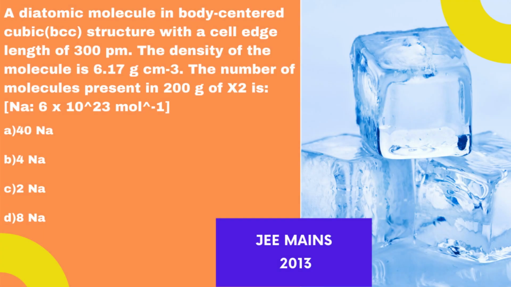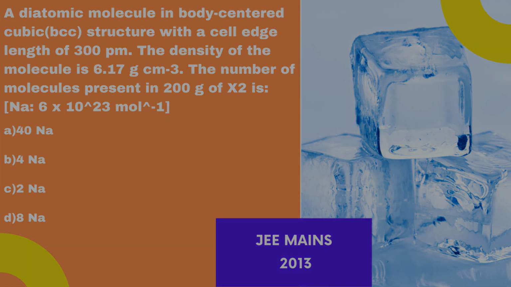So question number 5 is, a diatomic molecule X2 has a body-centered cubic structure with a cell edge length of 300 picometer. The density of the molecule is 6.17 gram per cc. The number of molecules present in 200 gram of X2 is, that means you have to find out the number of molecules that is present in 200 gram of X2.